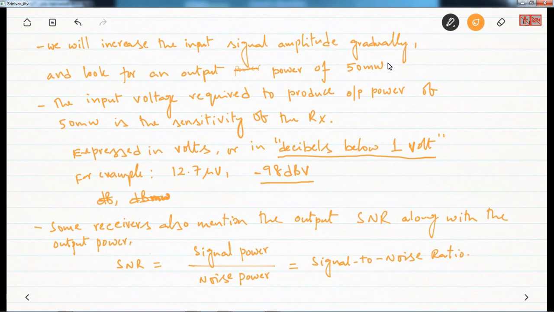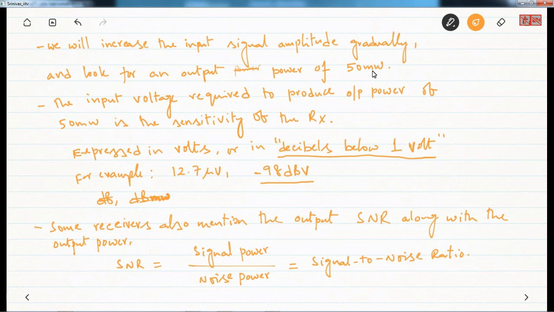If I consider only my output power, this is slightly troublesome in some cases. Say I have a receiver which requires only 10 microvolts to give me an output power of 50 milliwatt.